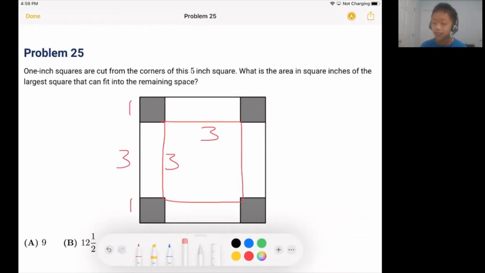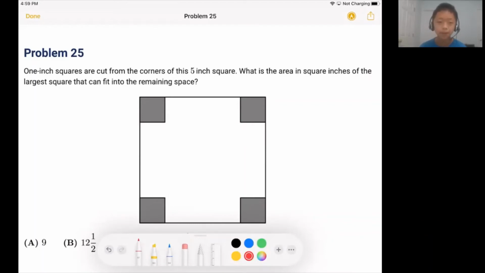The reason this square isn't the largest possible square is because you can tilt the square so that it's not straight upright. You can tilt the square like this, right?